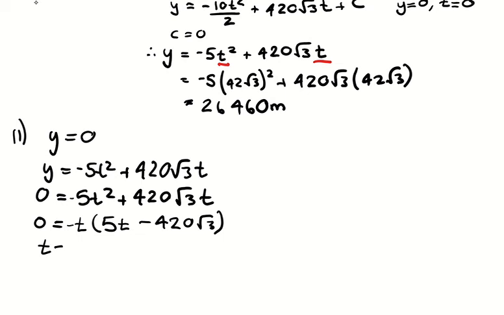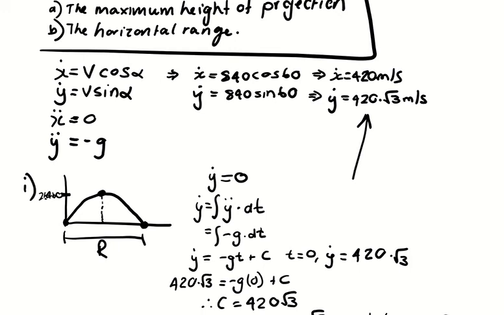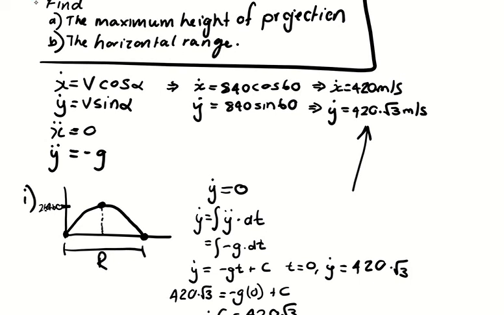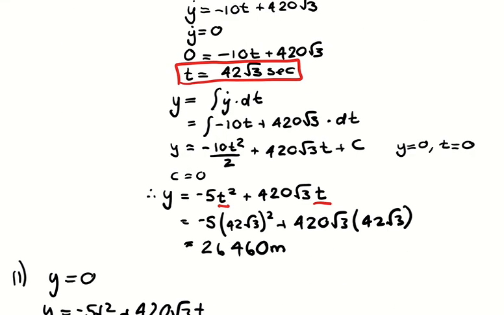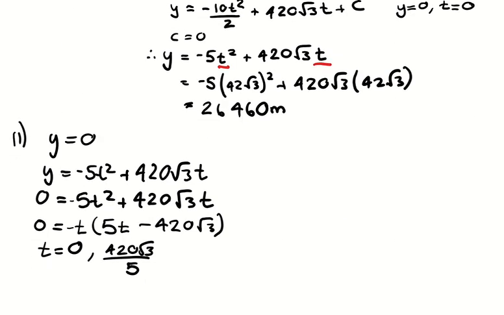So I have here 2 answers. At time is 0 and time is 420 root 3 on 5. Which makes sense, right? Because there's 2 x-intercepts. There's an x-intercept at time is 0, and now we know there's an x-intercept at 420 root 3 on 5.